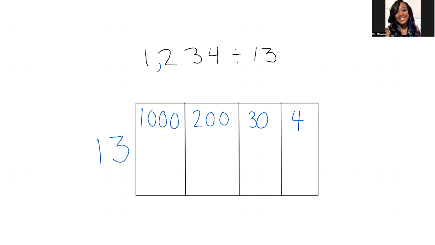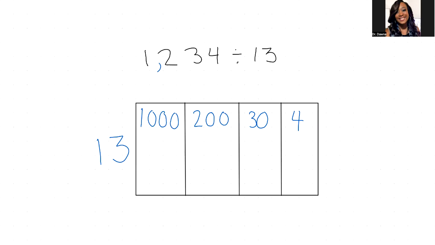All right. First things first, we say how many times does 13 go into 1,000? That's kind of big. And there's a lot of guessing involved in this one, but part of it requires you to really think hard. We know that 13 times 10 is 130. And we're trying to get all the way to 1,000.